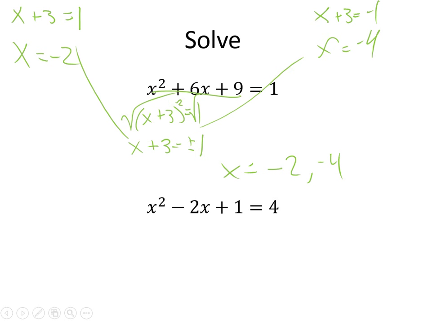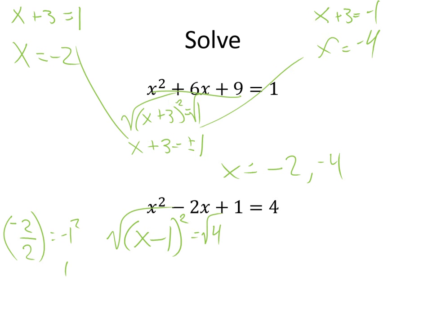Okay, so now let's look at the next one. If we take negative 2 divided by 2, we get negative 1, and then we square it, which gets us 1. That's what that number is. So we would have x minus 1 squared is equal to 4. Take the square root of both sides. x minus 1 is equal to plus or minus 2.